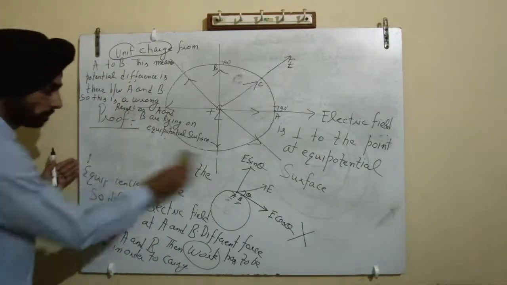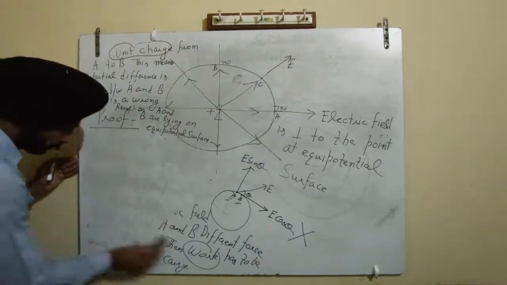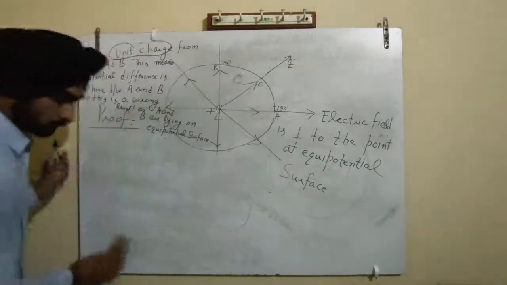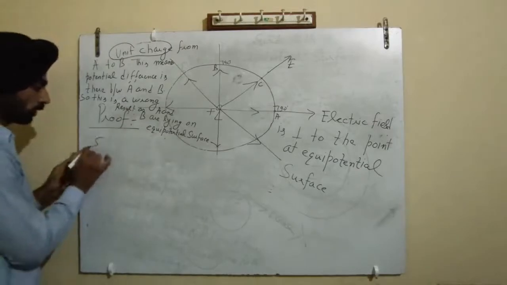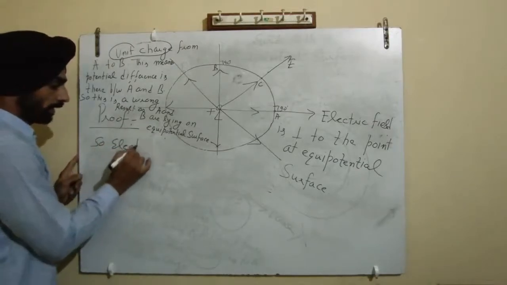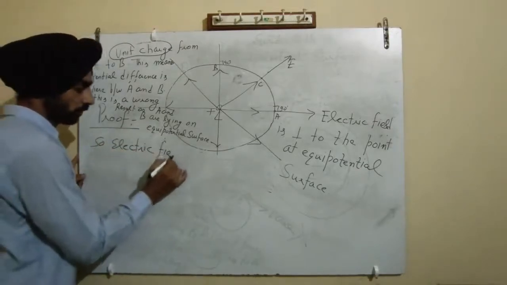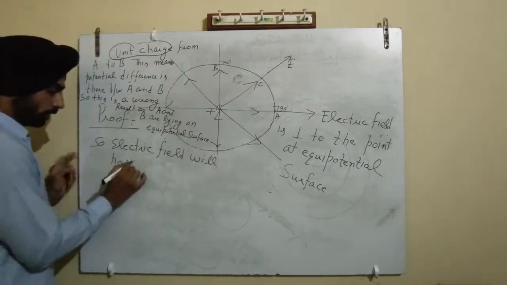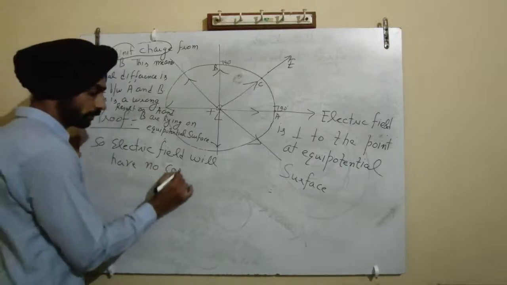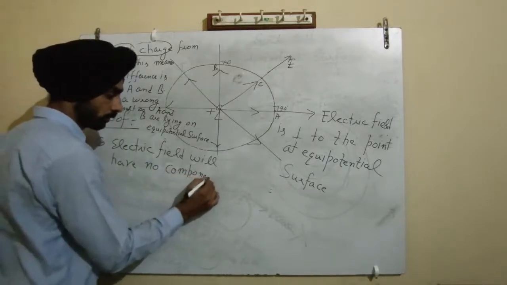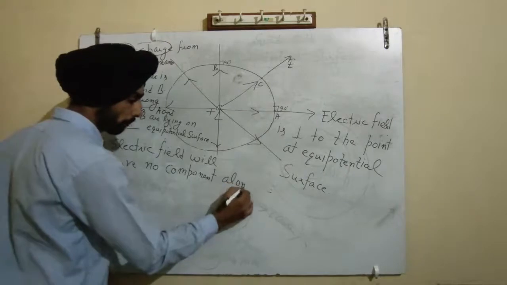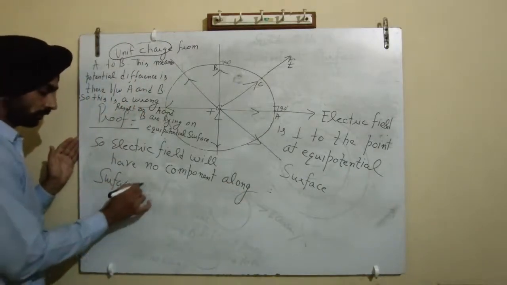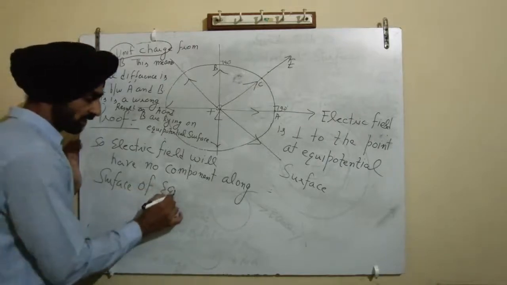So the electric field will have no component along the surface of the equipotential surface.